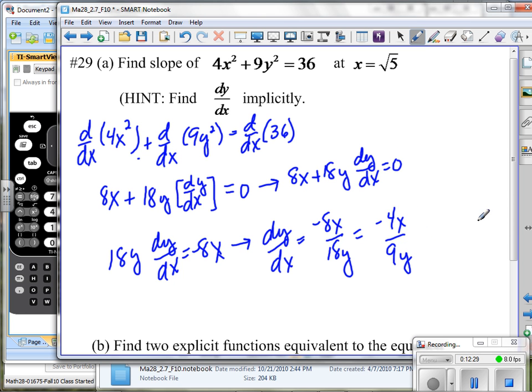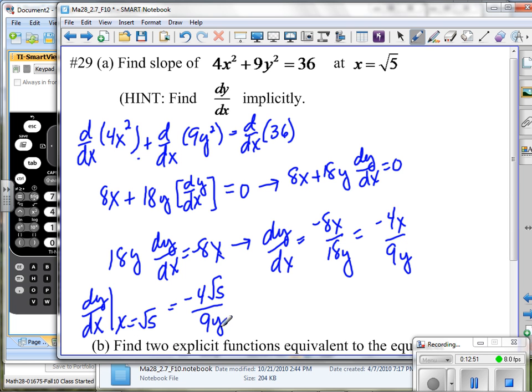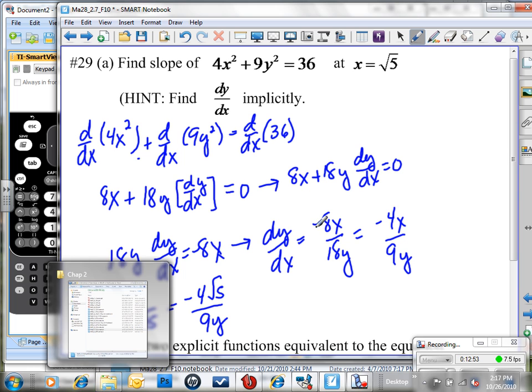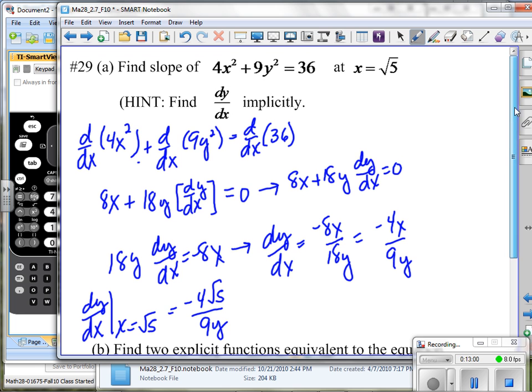We found the answer we want, but it says at x equaling the square root of 5. So I want dy/dx at, I just put that straight line down there, at the square root of 5, and I would have negative 4 the square root of 5 divided by 9y. Now what I'd like to do is have nothing but just a numerical value. So let's go back up and look at this problem from the very beginning.